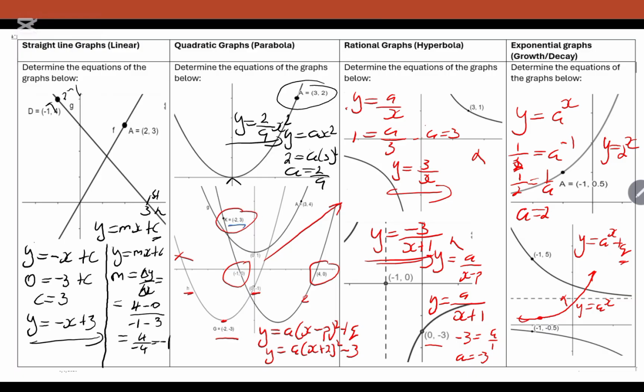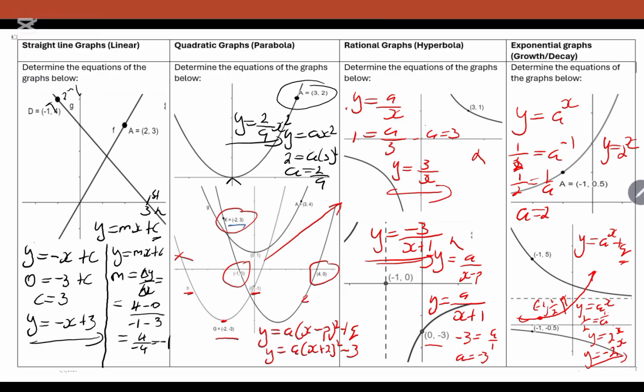So the coordinate of this point here will be negative 1 and a half. So this is 1 over 2 is equal to a to the exponent negative 1, which is 1 over 2. So a is equal to 2. So y is equal to 2 to the exponent x. When you reflect it, it becomes y is equal to negative 2 to the exponent x.